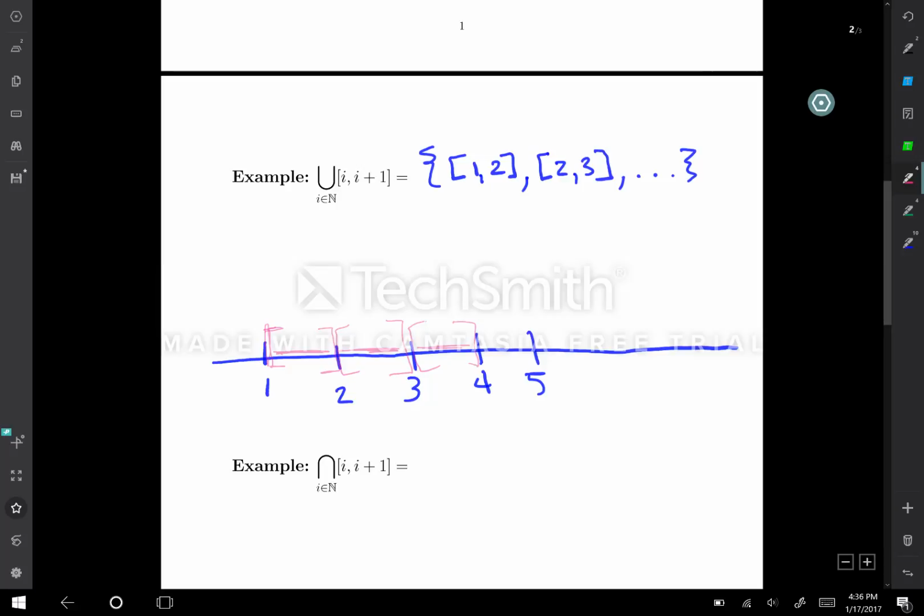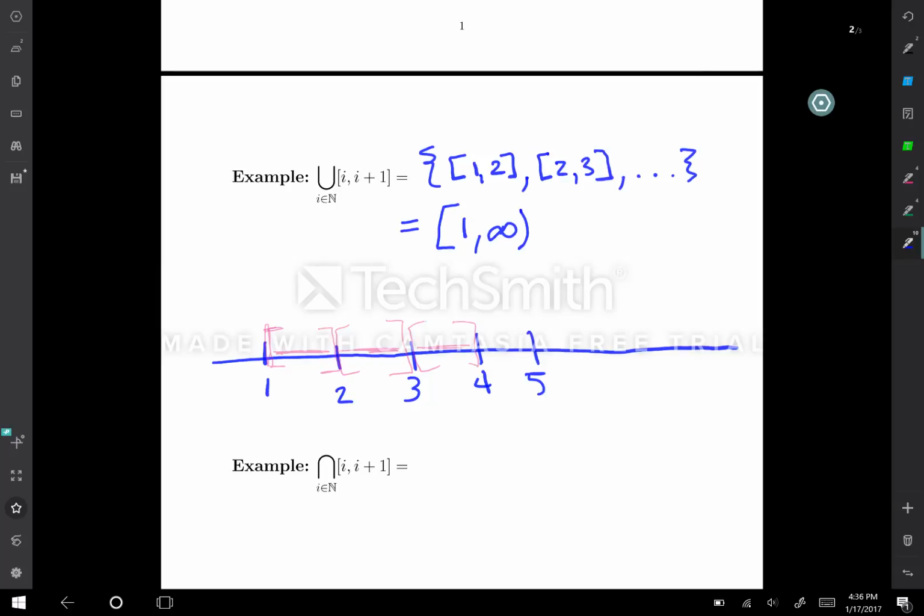So it would include everything between 1 and 2, including 1 and 2. It would include everything between 2 and 3, including 2 and 3. As we continue on, we will eventually cover the whole number line to the right of 1. So the question becomes, we start at 1 and cover the whole number line out to infinity. Do we include 1? 1 is definitely in that first interval. So we have the set from 1 to infinity, that interval.